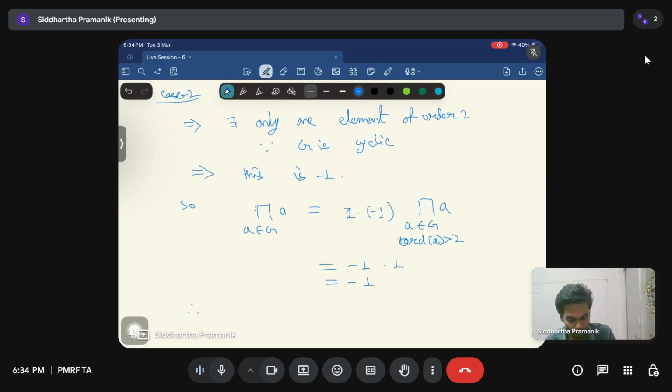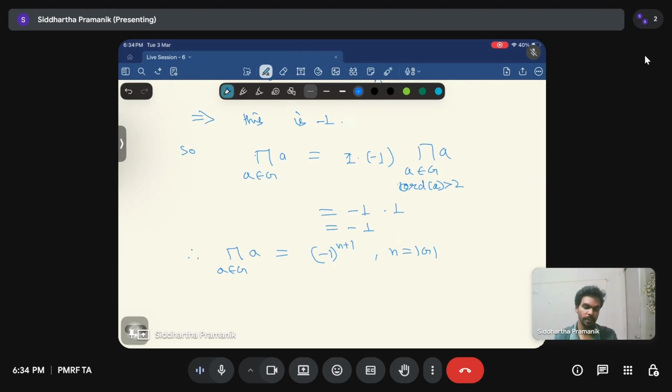So the overall product over A belongs to G is minus 1 power n plus 1, where n is the order of G. Right? So this is by splitting into the cases where n is odd and n is even. So this is purely a group theoretical fact.